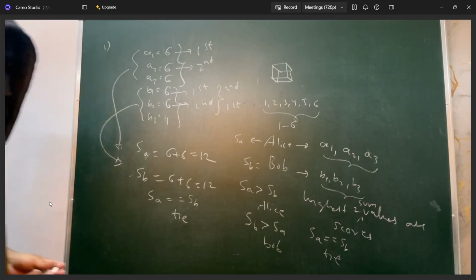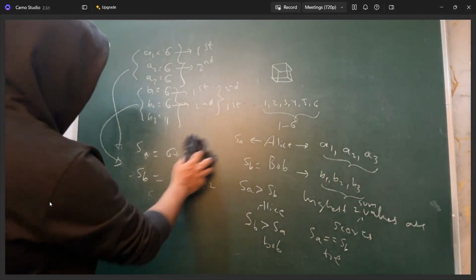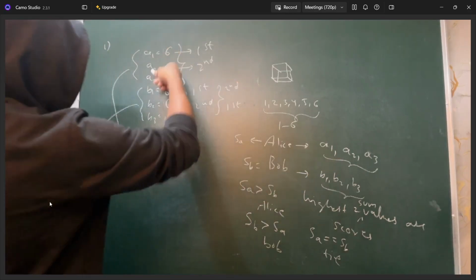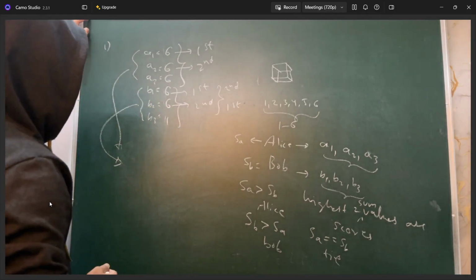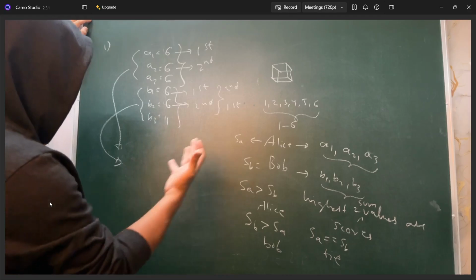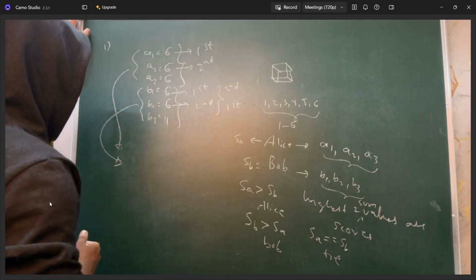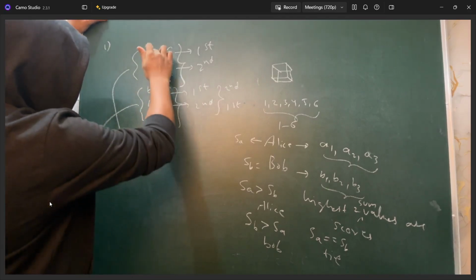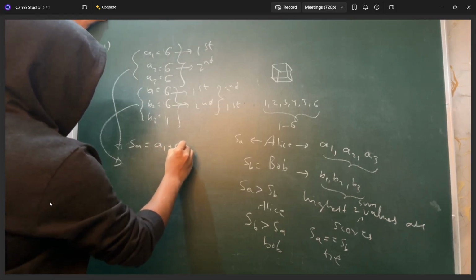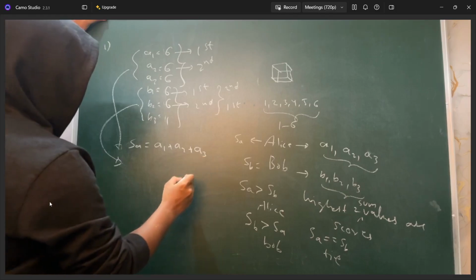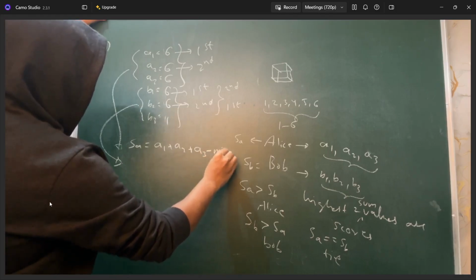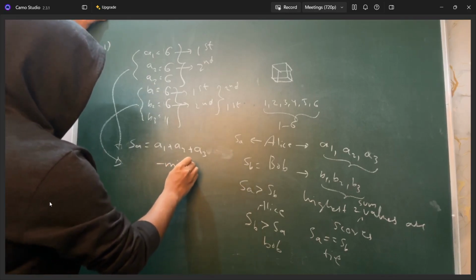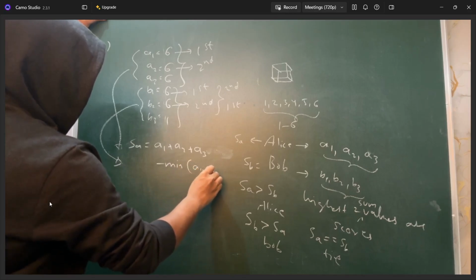So one of the ways is that you just find the first highest among A1, A2, A3. You'll have to find the first highest, and you'll have to find the second highest. For that you'll be using if else conditions. But one of the ways that I'll be doing is, you find the score of Alice by taking all the scores A1, A2, A3, and you subtract the minimum of A1, A2, A3.